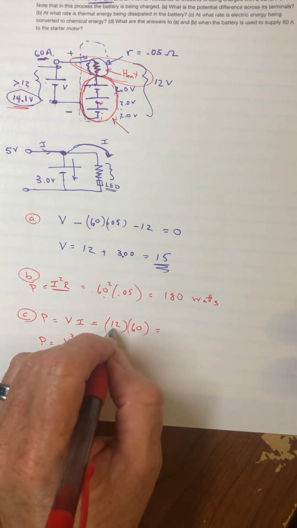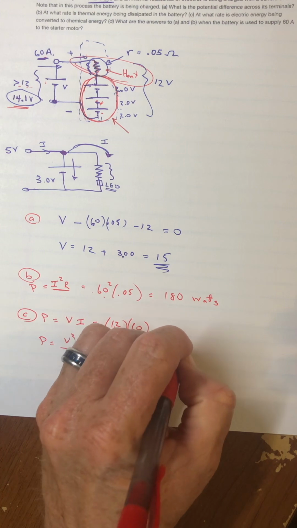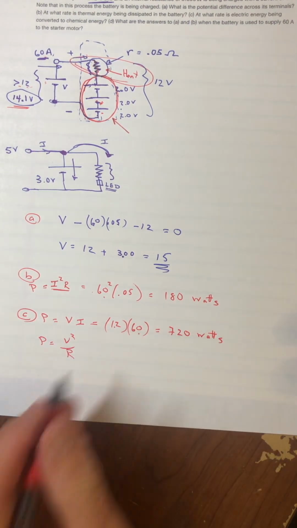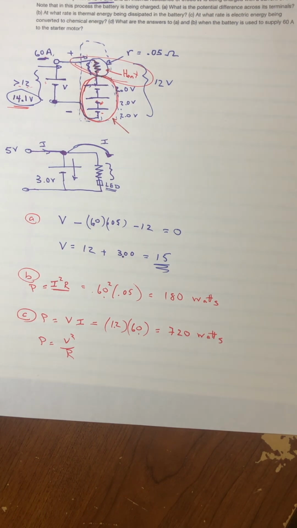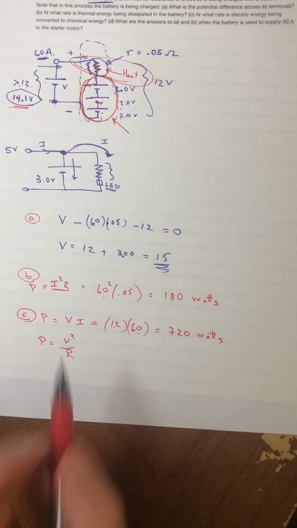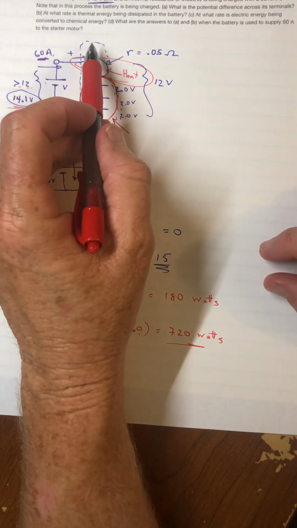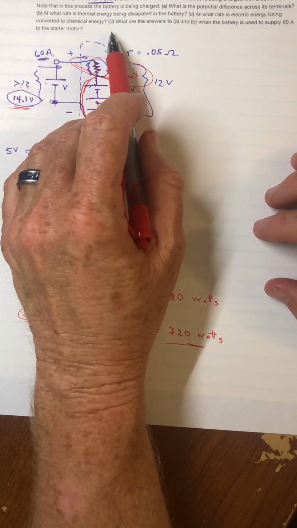What is 12 times 6? 72, and then a 0. So we've got 720 watts for the energy that is currently being stored. That's part C.